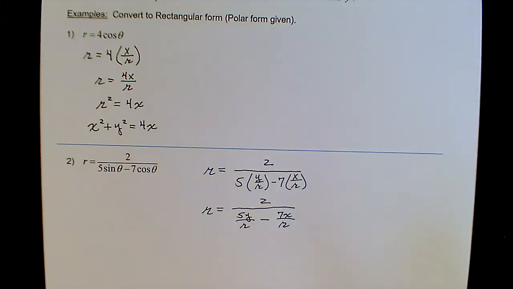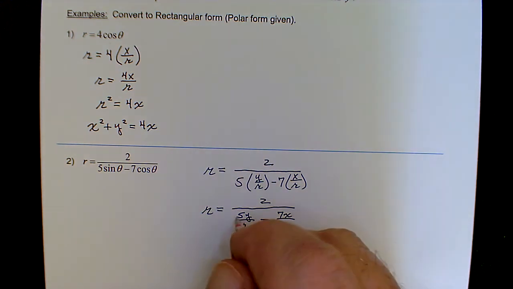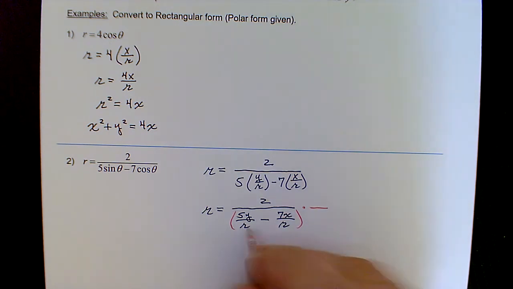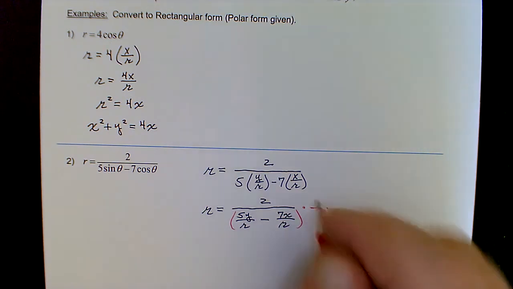At that point, on the right-hand side, we have a complex fraction. That is, we have these fractions within the overall fraction. So let's get rid of the complex fraction by multiplying the numerator and denominator by the least common denominator between all of these three terms, which is just simply r.